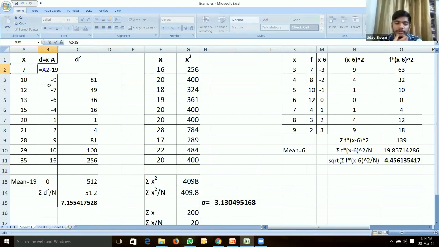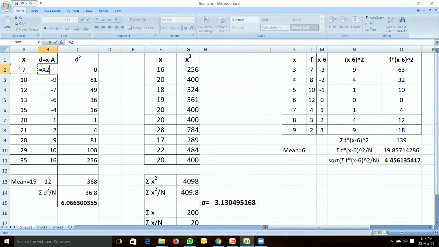Yes. So what I have done is, equal to this value, meaning that particular cell number, minus, here for this particular problem my mean is 19, so I have typed 19. Okay, and enter. So I got -12, and similarly you have to drag it down to 35.